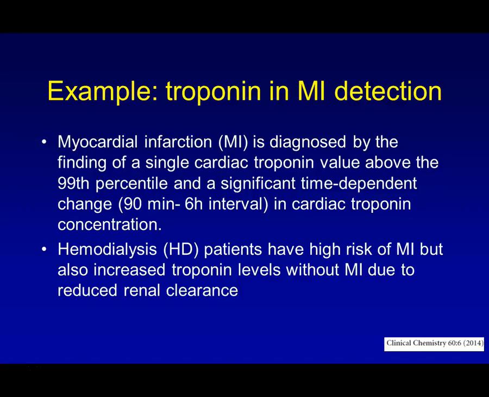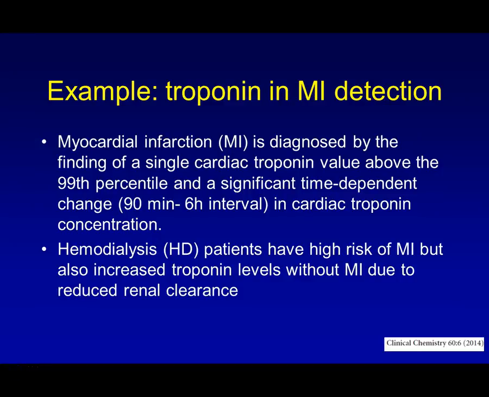The first is troponin and the second is CRP. Troponin is part of the myocardium, and when the myocardium, for example by obstruction, which is a myocardial infarction, is damaged, troponin is released into the blood. So myocardial infarction is diagnosed by elevated troponin values.